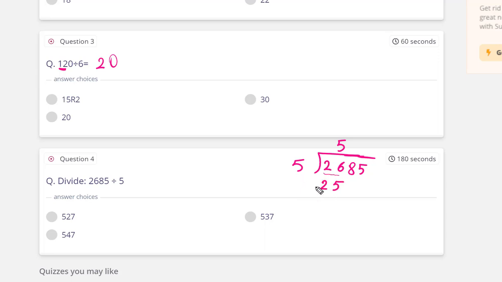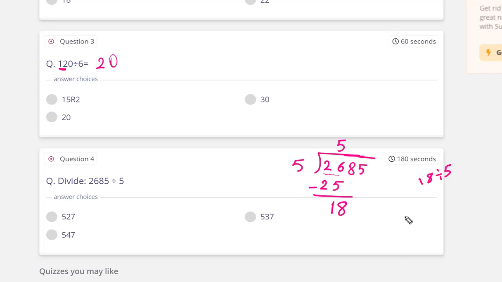We should get a number less than 26 to be able to subtract. 26 minus 25 equals 1. Drop the next digit, 8. So 18, not 7, 8. 18 divided by 5.